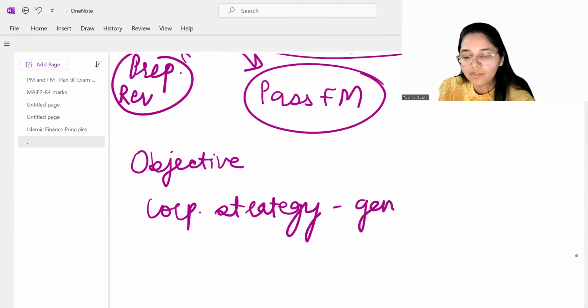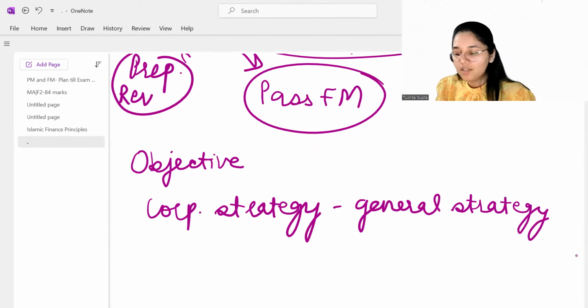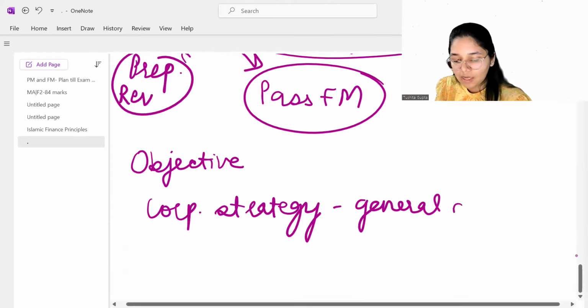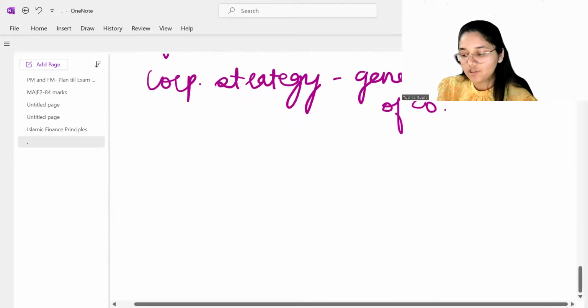So how the company is going to do certain things, what it ultimately wants to achieve, it will take all of the steps in that direction. So in which direction all of the efforts of the company are directed is what you will call a corporate strategy.